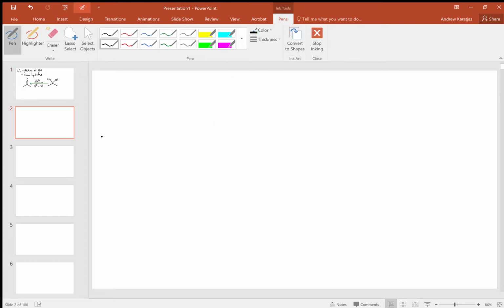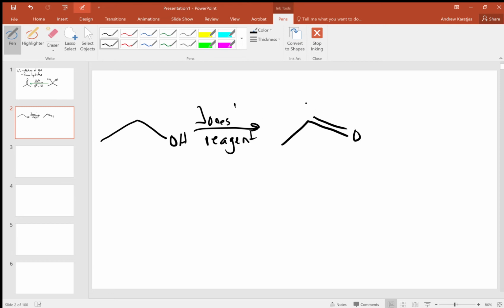For example, if you recall the reaction of oxidizing a primary alcohol with Jones reagent, you may recall that this reaction first gives the aldehyde, and then that aldehyde oxidizes a second time to give the carboxylic acid.